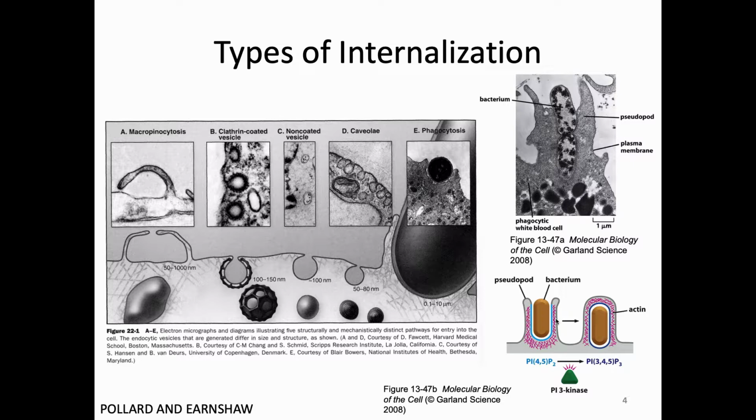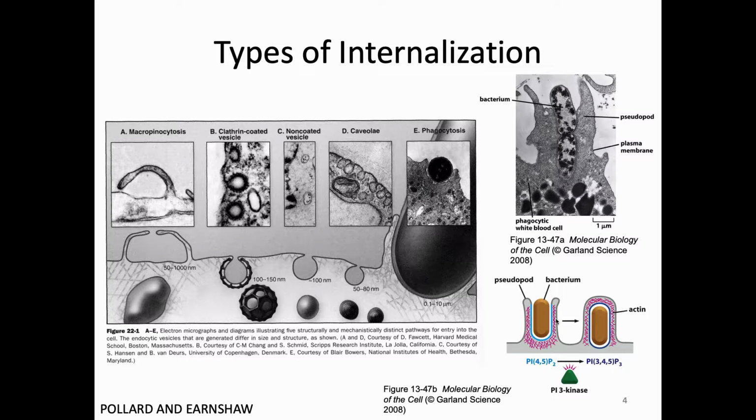But as is also shown here, this is not the only way that things can be internalized. You can see that materials can be internalized in cells into smaller types of vesicles, and some of those smaller types of vesicles can also be involved in MHC Class II presentation.